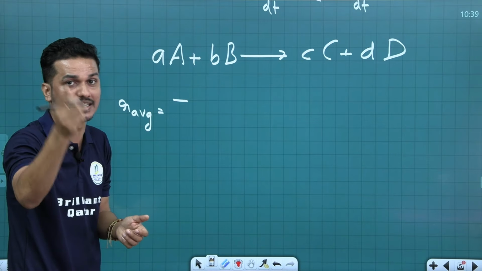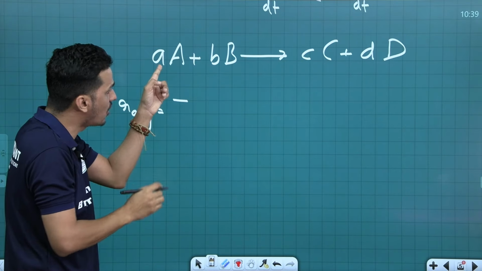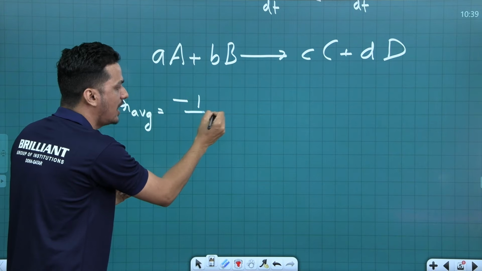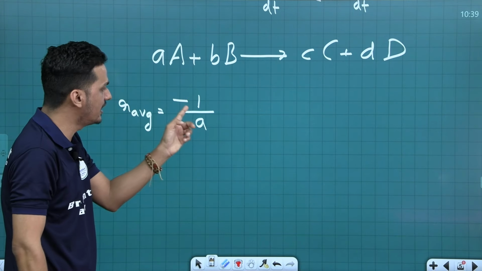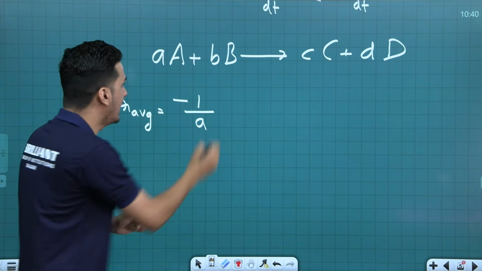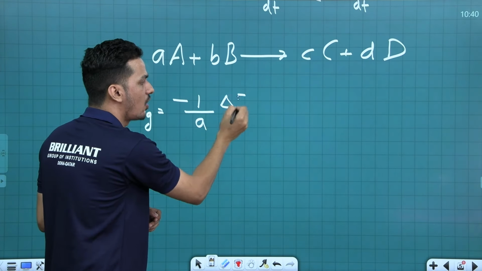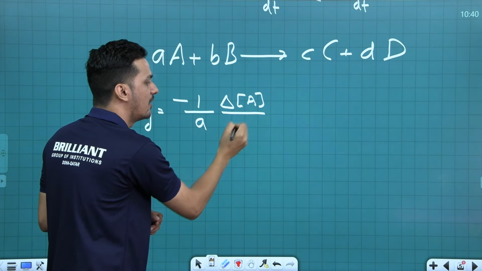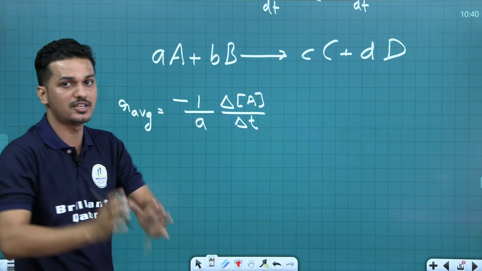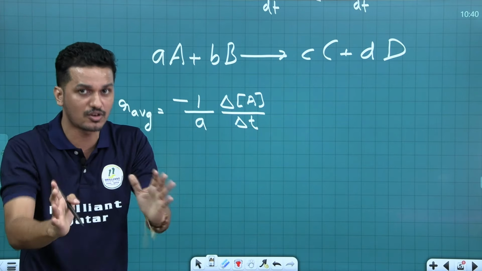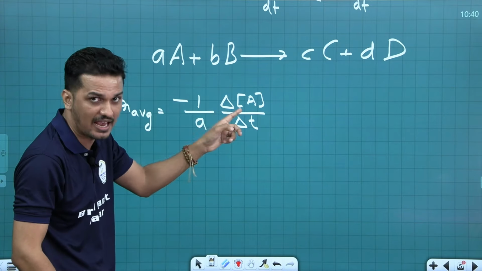That negative represents a decrease in concentration. And the stoichiometric coefficient I have to keep as a reciprocal. So minus 1 by a, delta concentration of A divided by delta T. This is the average rate of reaction in terms of A.